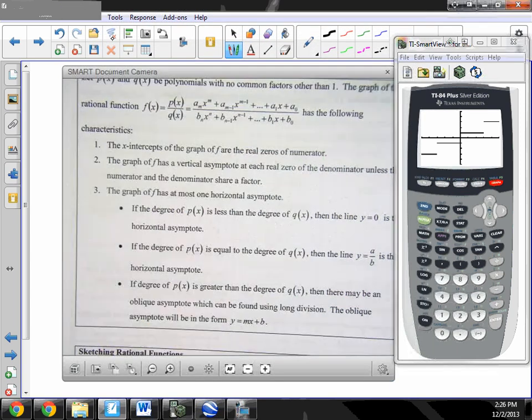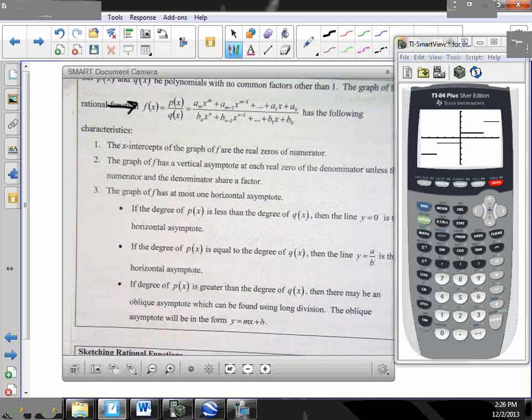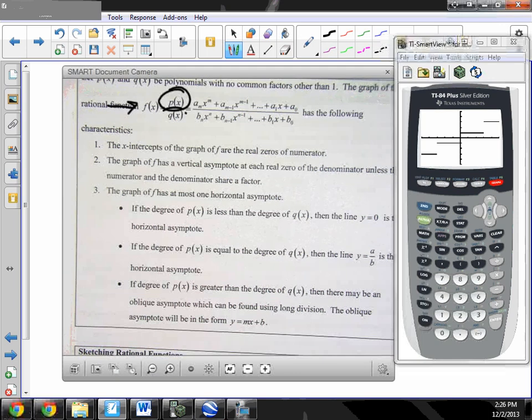Okay, so we have this function up here, f, and this is a really fancy way to say a polynomial divided by another polynomial. So don't let this equation mess with your head, because it's really simple. It says we have some polynomial p divided by some polynomial q.